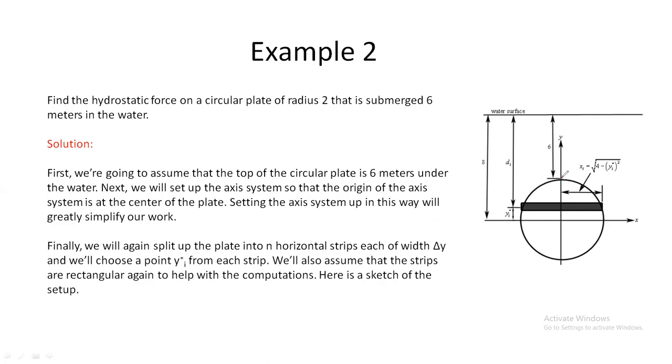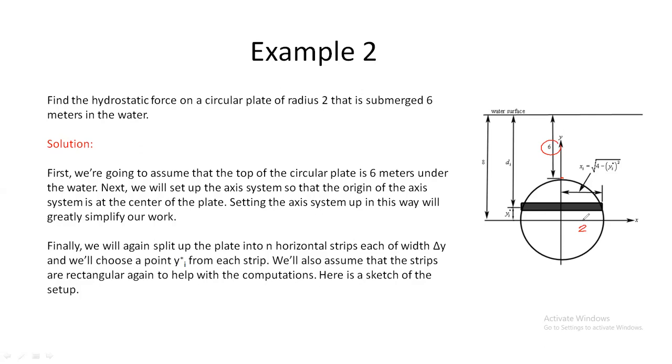Meaning this side of the circular plate is 6 meters below water. The radius of this particular circular plate is 2. So we only have 2 specific given information: the depth in which the circular plate is submerged and the radius of the circular plate.